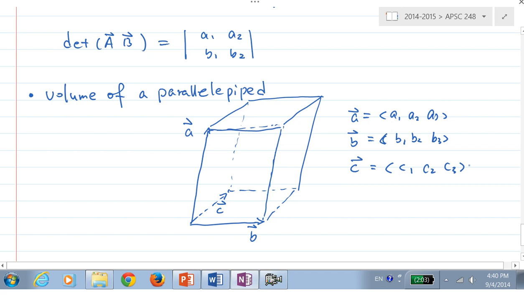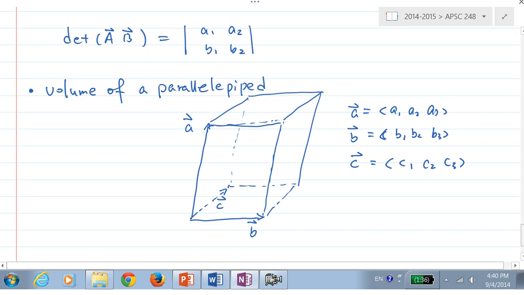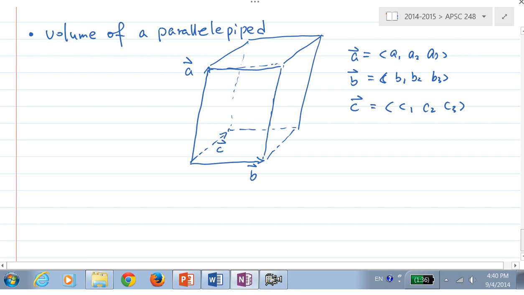Before we move on, let's do very similar steps as we did in the previous application. Volume. Given a 3D geometry like this, volume equals what? The base area times height.